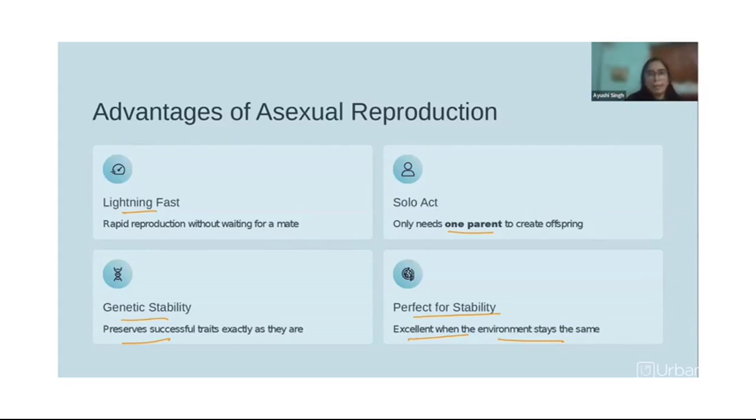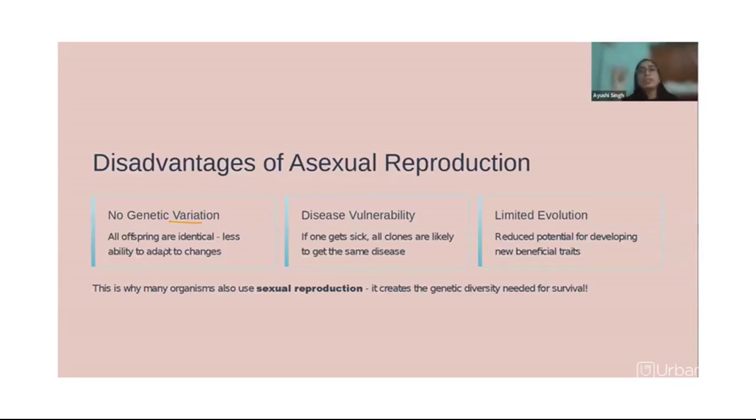Okay, now what are the disadvantages? The disadvantage is that there is no variation. Suppose there is suddenly an extreme change in the environmental conditions, these organisms won't be able to survive easily because their genetic makeup is very narrowed down. Okay, and they can survive only a certain extent of heat or cold or anything.